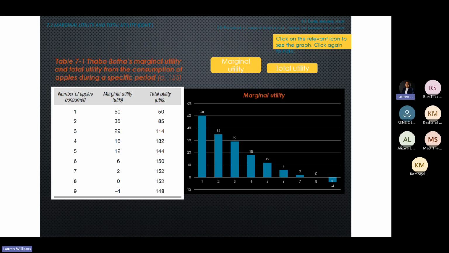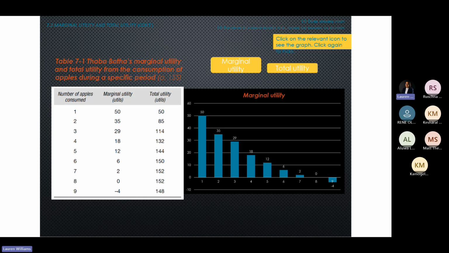Let's jump very quickly there. So basically let me see if it will click. There it goes. It does click. So basically here in this example, we're saying there's a number of apples consumed. Okay. So 1 to 9. The first apple that you consume gives you the highest level of satisfaction.